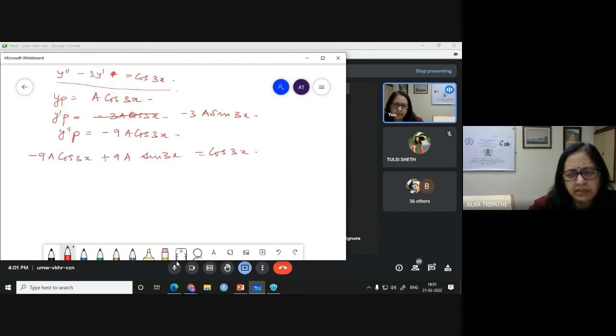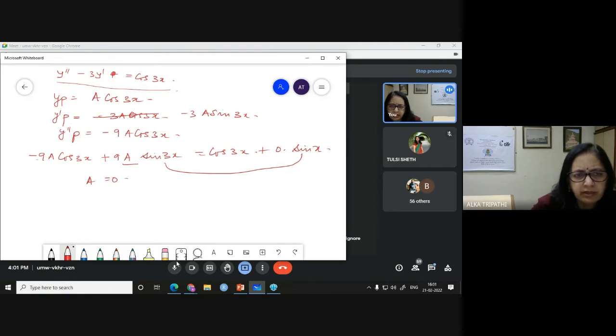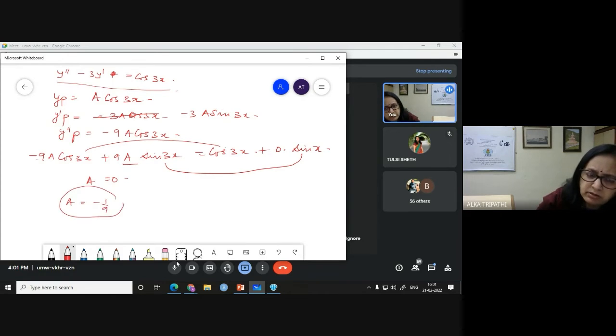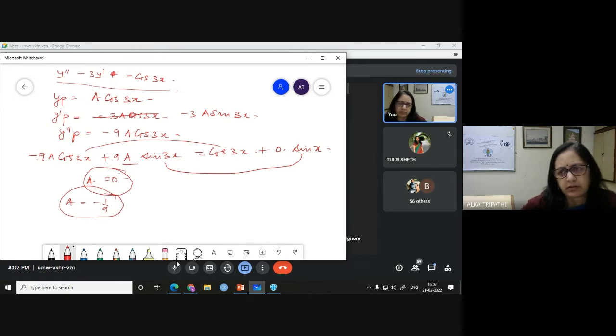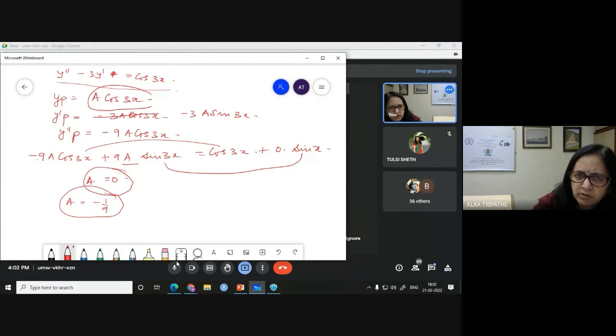Now if you compare, this value is equal to this plus 0 into sin 3x. From these two you are getting the value of a to be 0, whereas from the other two you are getting the value of a to be minus 1 by 9. It's not possible, because a can have only one value. So that means we cannot take a cos 3x to be the trial solution of the equation.